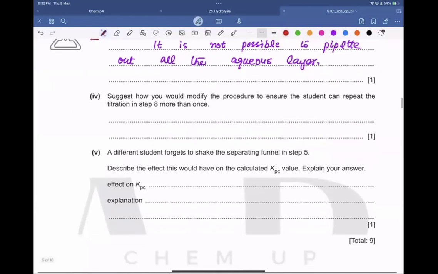Now part 4. Suggest how you would modify the procedure to ensure that the student can repeat the titration in step 8 more than once. So it's very easy. You can use a volume of water greater than the 30 centimeter cube.